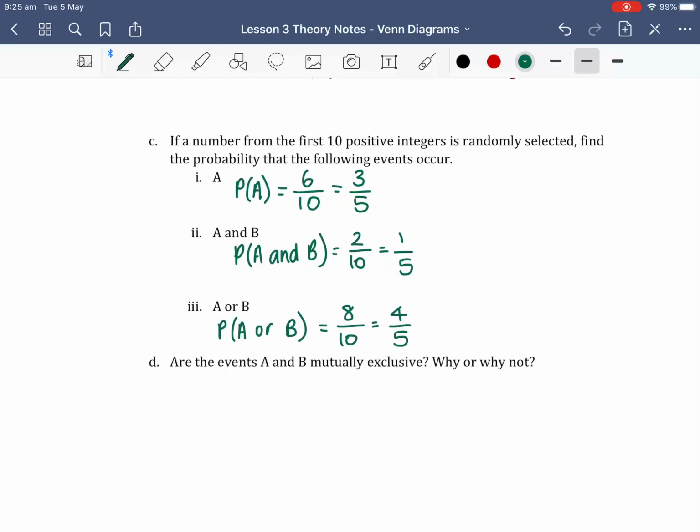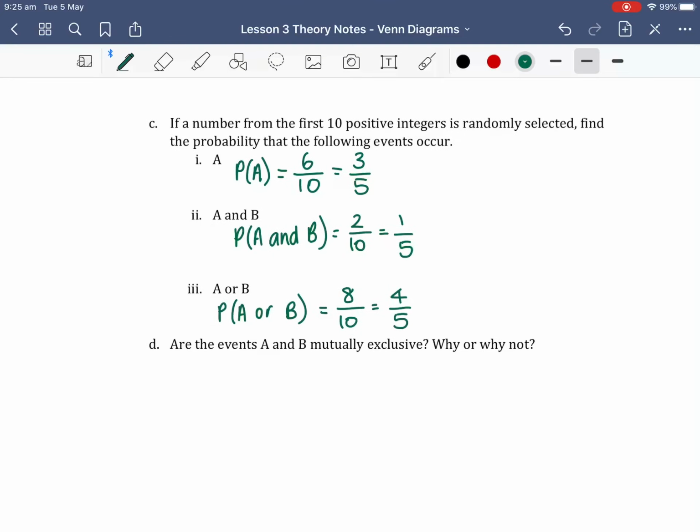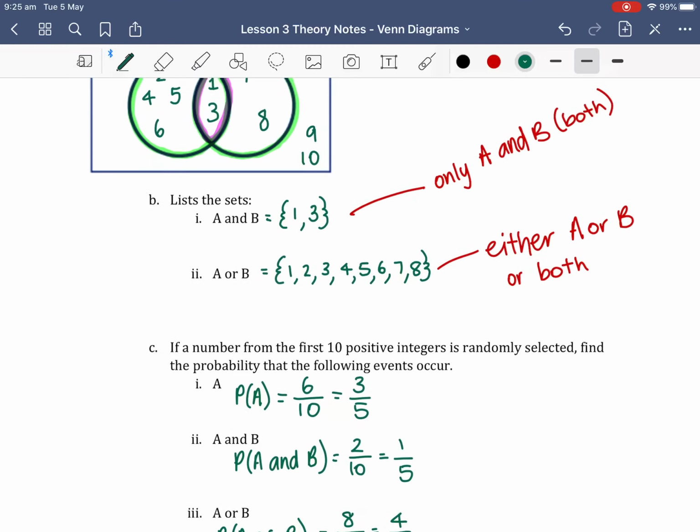So then finally, D, are these events A and B mutually exclusive? Why or why not? So let's just start off with the sets A and B are, and we're either going to write not mutually exclusive or they are.